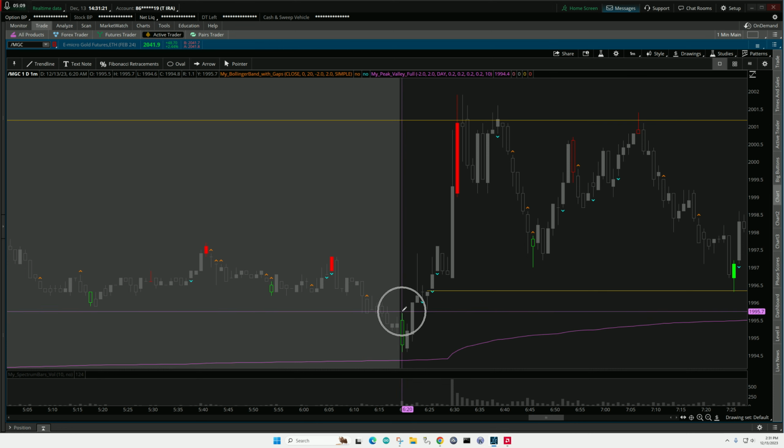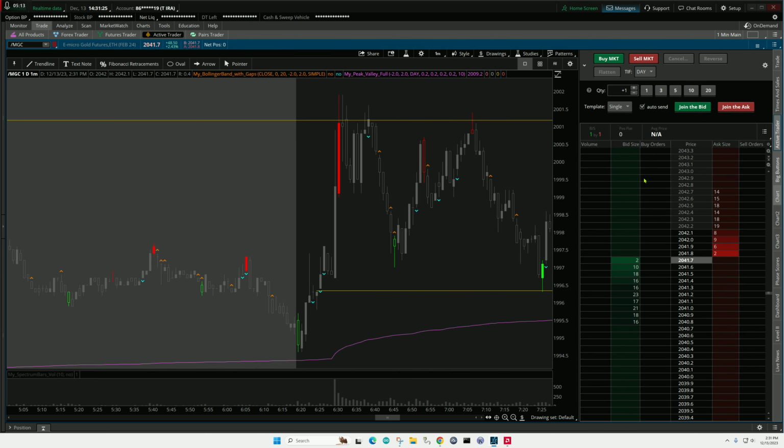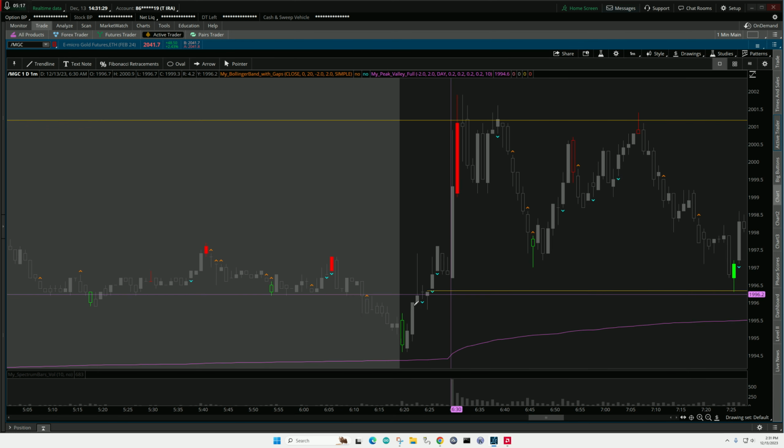So I believe I set a stop limit order in through Active Trader, just using the price ladder here to get long if price went above this. So at this point, I did get long at, let's say, 1995.6. Put my stop here, one tick below this candle.